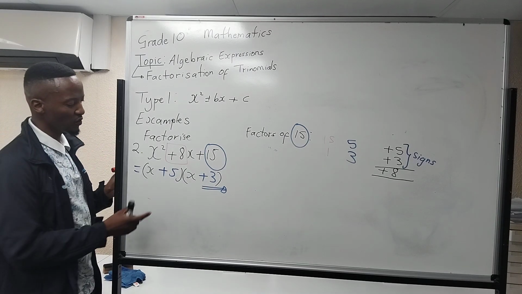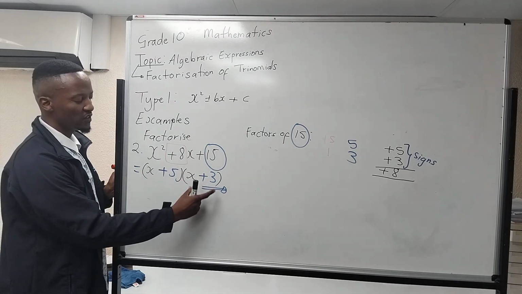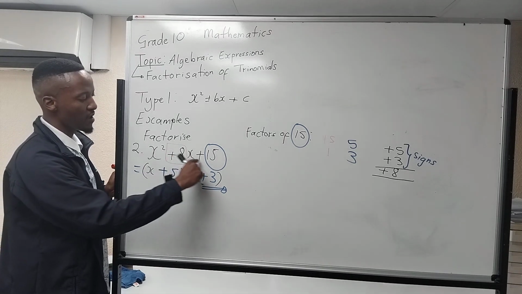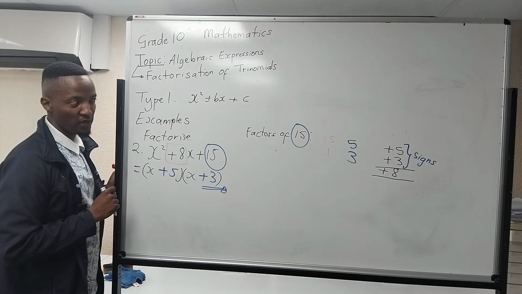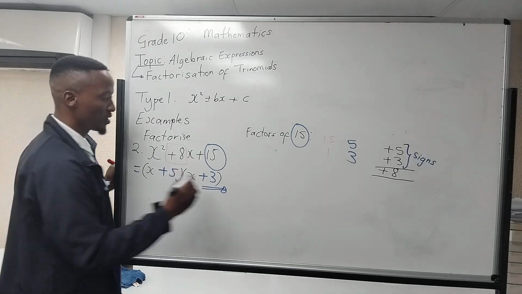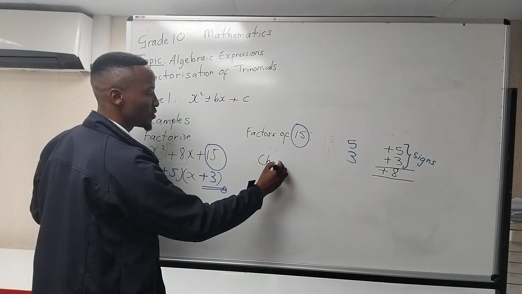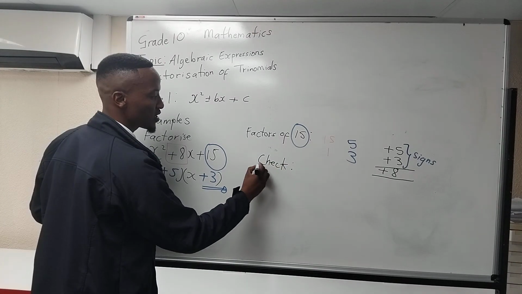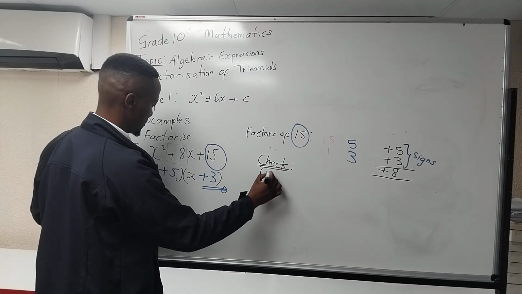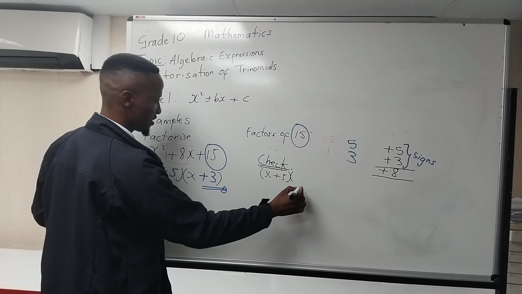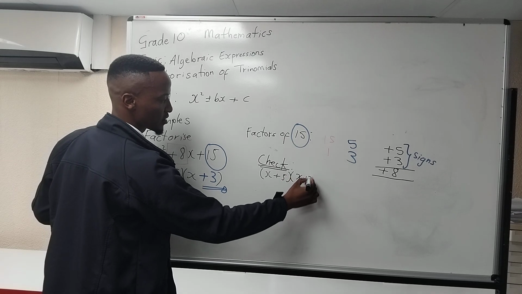When you check, we said when you multiply this binomial with the second binomial, you must get the original trinomial. So let's check on a rough page. When you check, you just use a rough page. X plus 5 multiplied by x plus 3.